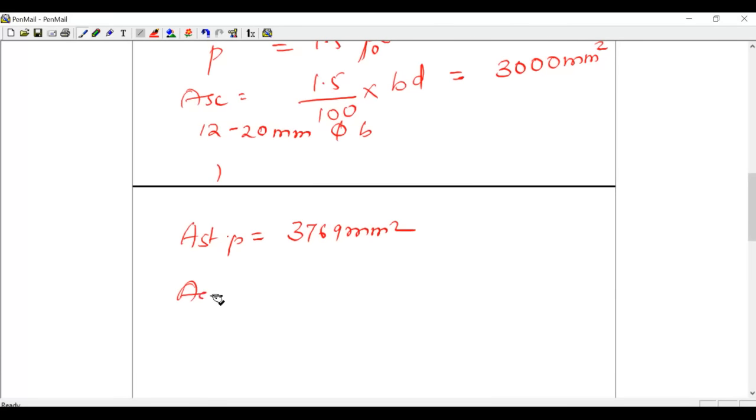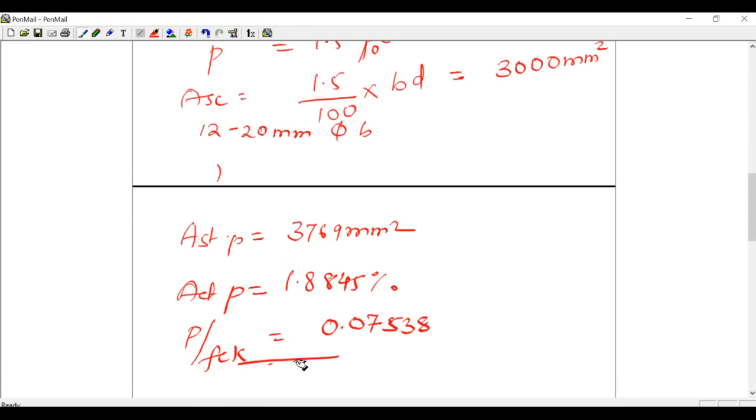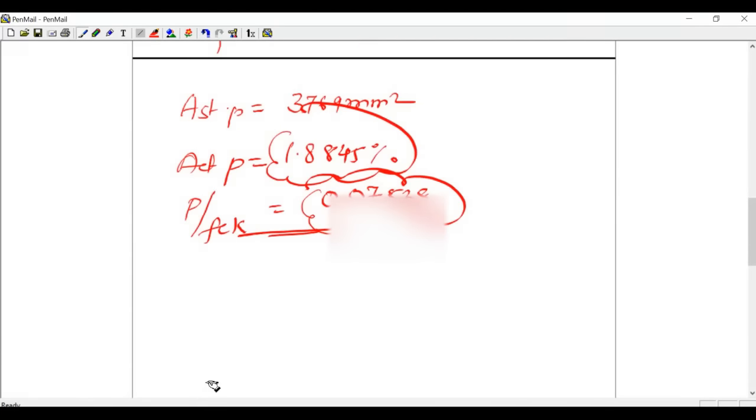So the actual Pt, that is percentage of steel, is coming around 1.884%. Accordingly, p by fck value will be changed, that is 0.07538.